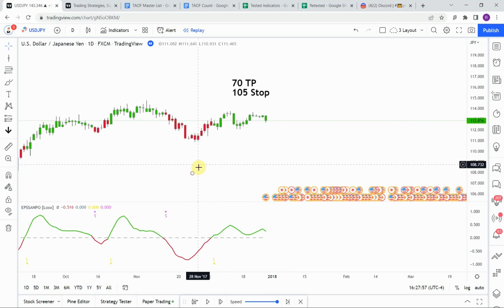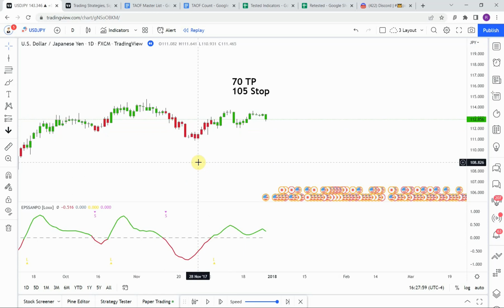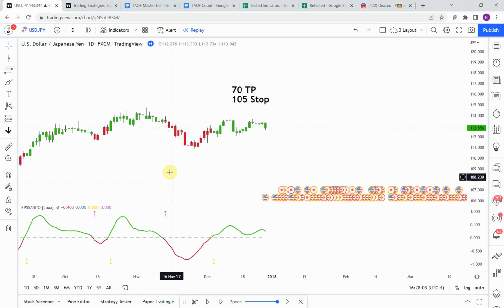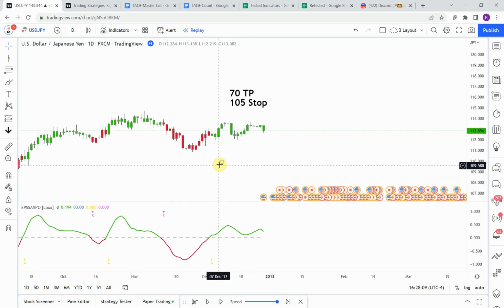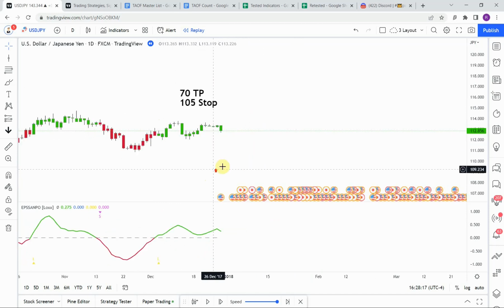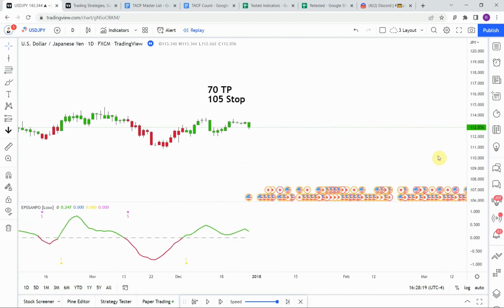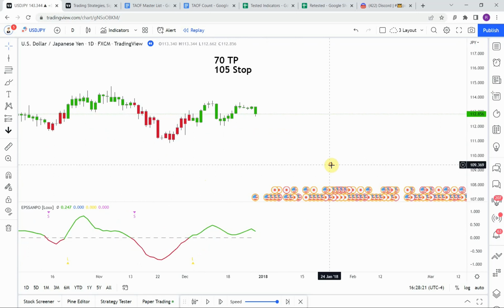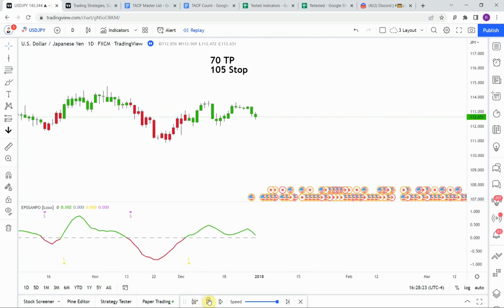Those also coincide with the bar coloration, and so are also showing when we should be going long and when we should be going short. But what we're looking for obviously is when the bars turn red, we are going to go short. When the bars turn green, we are going to go long. That's what we're looking for. Let's go ahead and get on with the testing and see what we can get out of it.